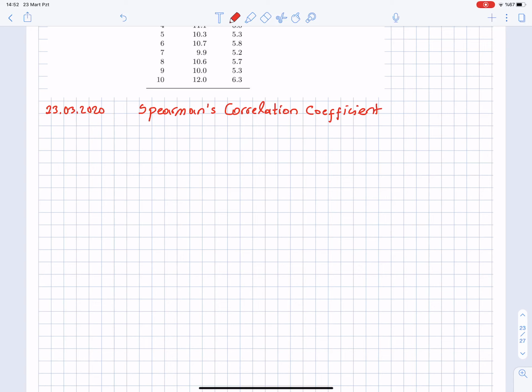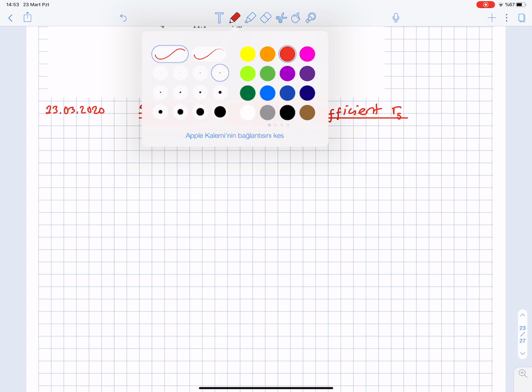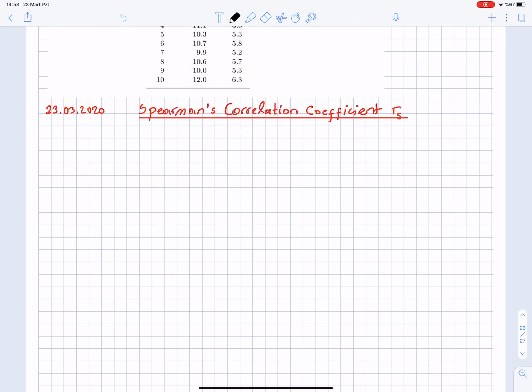Normally we denote it with a letter R with a subscript S to distinguish between the Pearson and the Spearman rank correlation. Let me write you the definition.